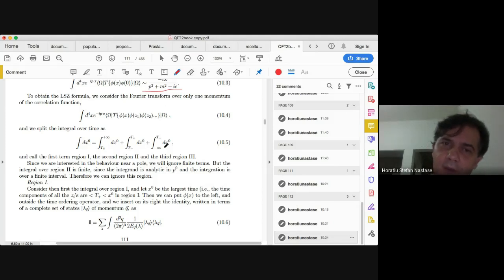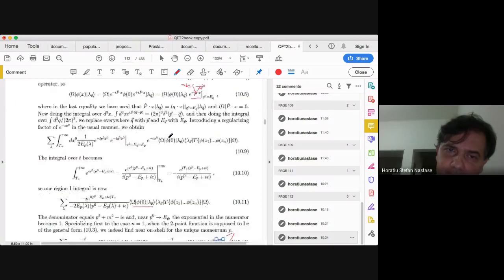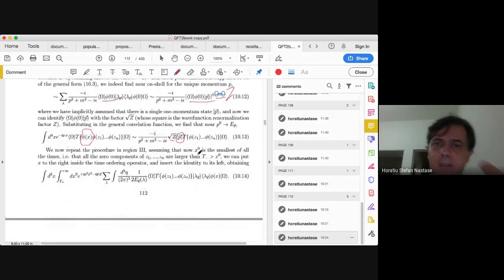So if I do so, that means that now in region 3, x0 is the smallest of all of them, right? So that means that all of z10 up to zn0 are all larger than t minus. That was the choice.